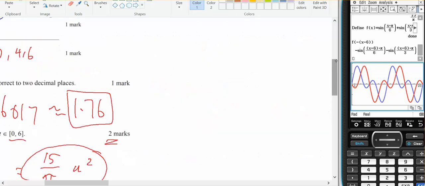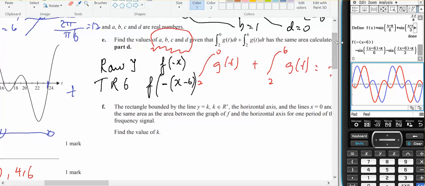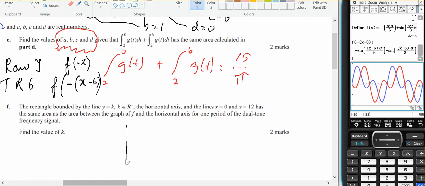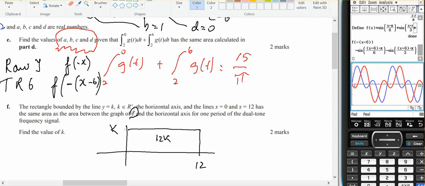Okay, and lucky last question. The rectangle bound by the line of K and 12, so that's equal to 12K, equals the same area as F, so I'm back over to F, horizontal axis for one period.